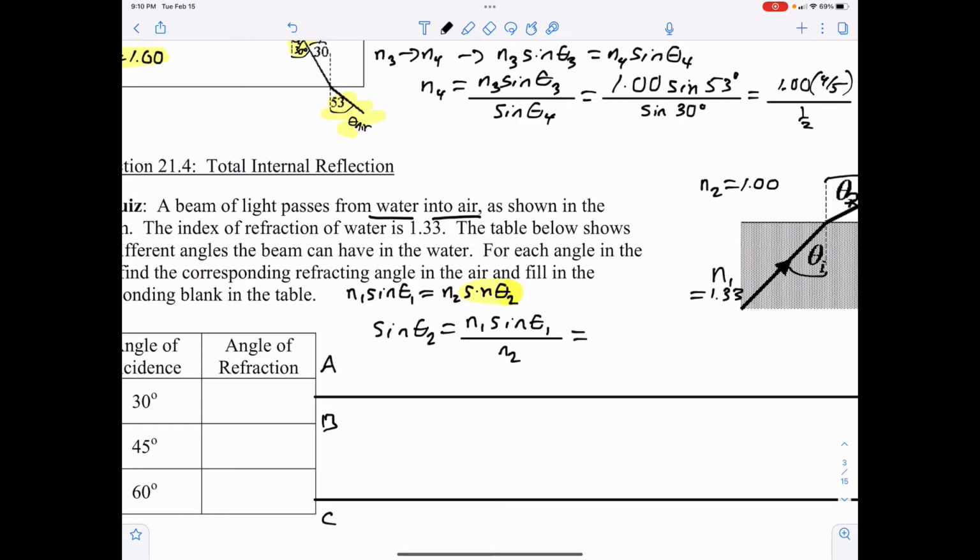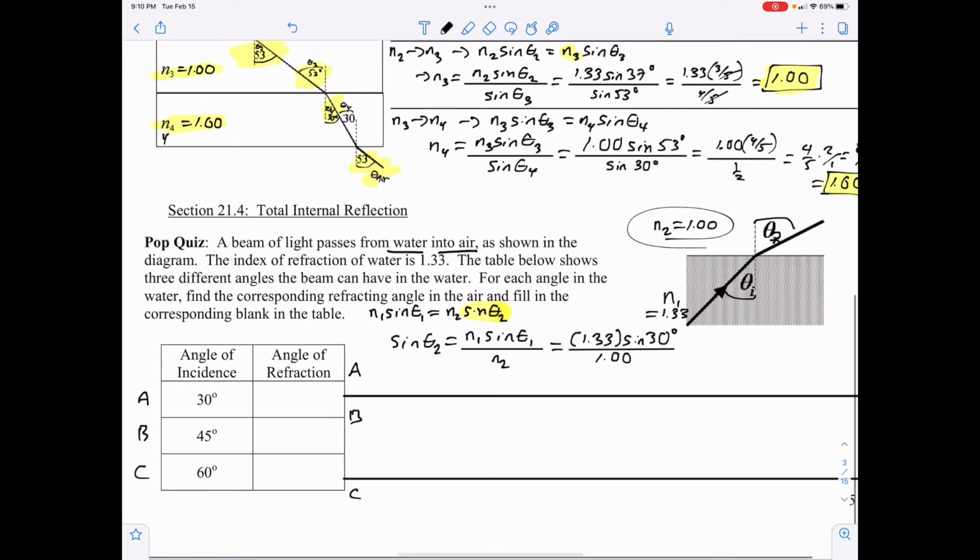Now I'm going to plug into that, and N1 is 1.33 times the sine of 30 degrees, which is my first theta 1, over 1.0, which is my N2. So what I have now is sine of theta 2 equals, when I put that in my calculator, half of 1.33, which is 0.67.